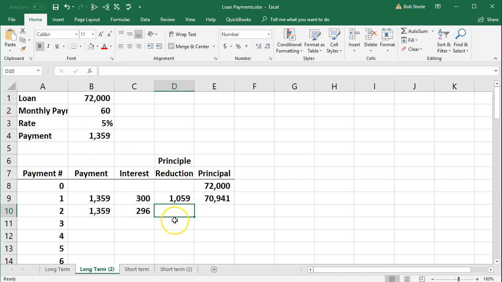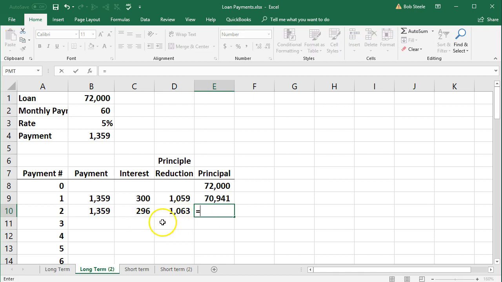And then the principal reduction is going to be equal to this number. The payment's the same, but the interest has gone down, because the principal went down last time. And therefore the amount of principal reduction went up. And therefore our principal is going to be equal to last time's minus this principal reduction.